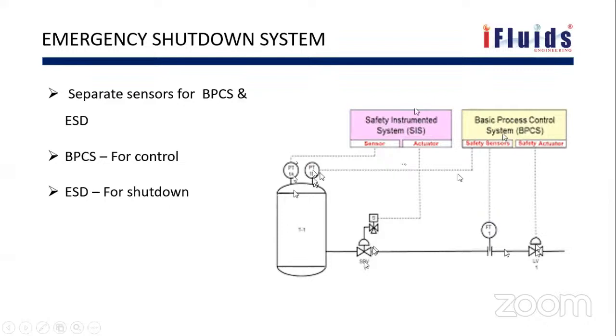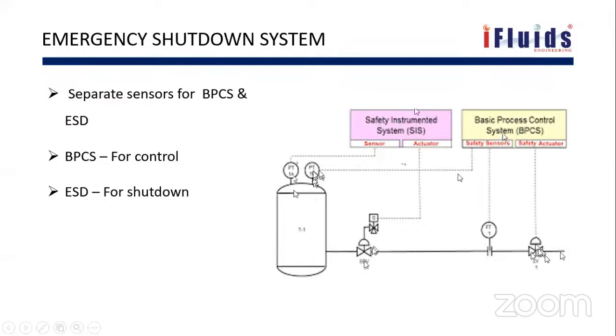If pressure increases, this will operate the valve and it will be released. If the level is reducing, and if it is increasing, this will operate. So this is only for operation.